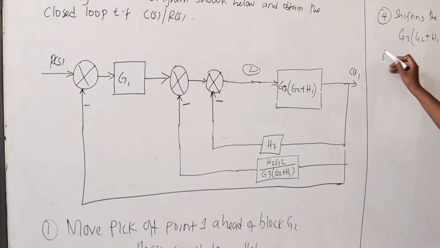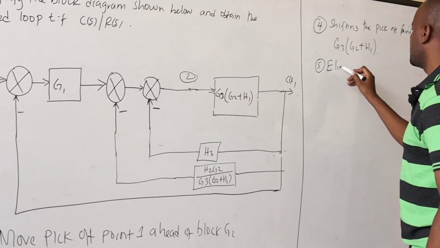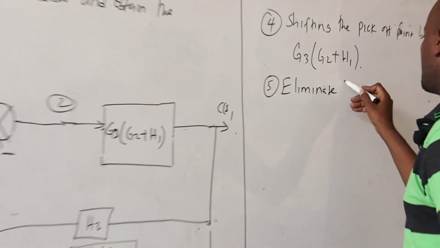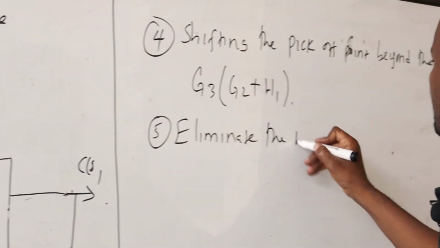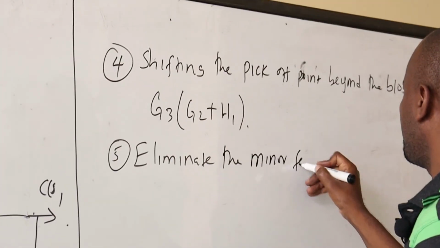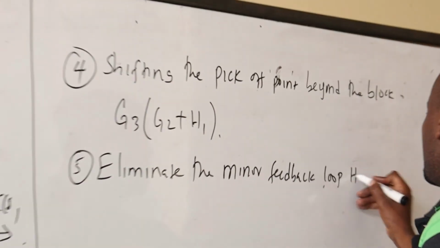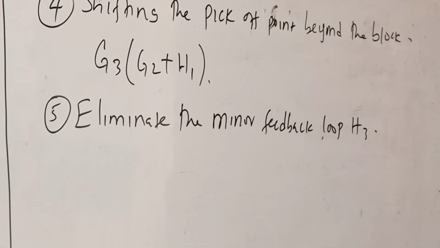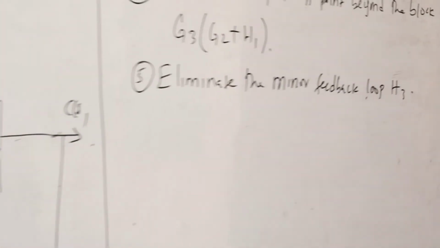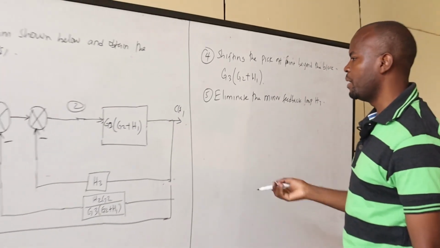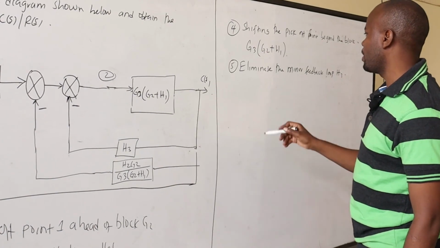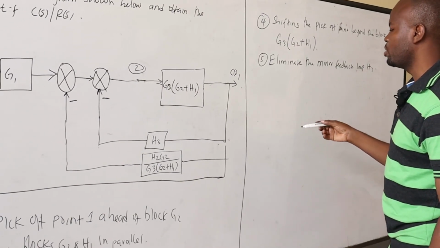So number 5, eliminate the minor feedback loop H3. If we eliminate the minor feedback loop H3, we are going to use the rule for the elimination of the loop.